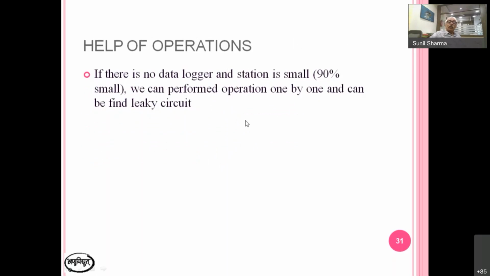If your station is very busy, then operation is automatically on. Just observe it. When it appears, see which signal or which circuitry is on, and for verification, just switch on one by one and verify it. Where is the leaky pair or where is the leakage in the system?